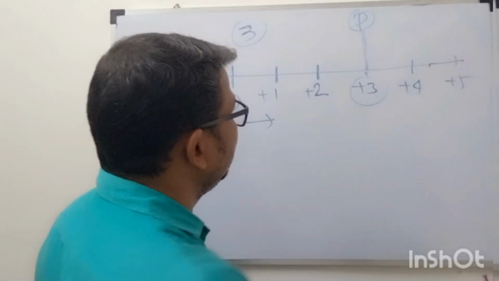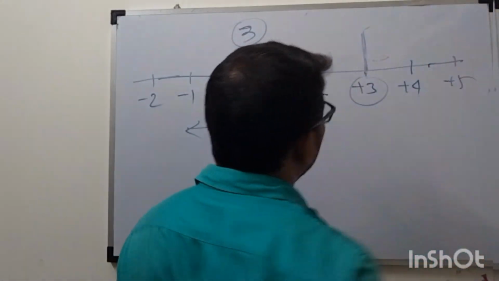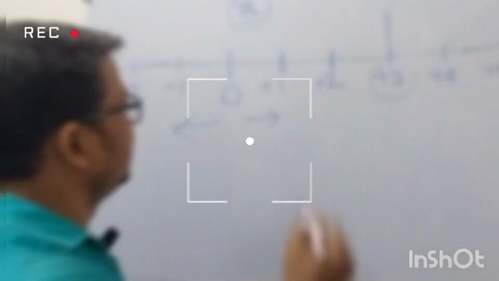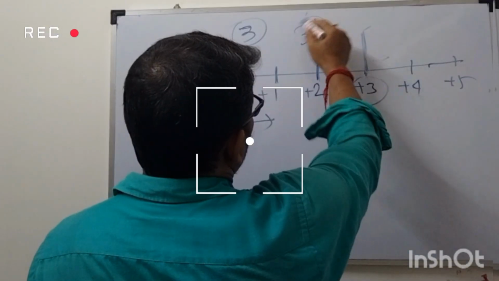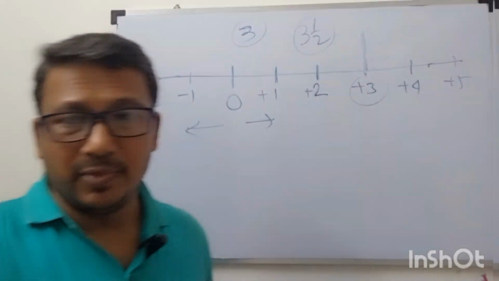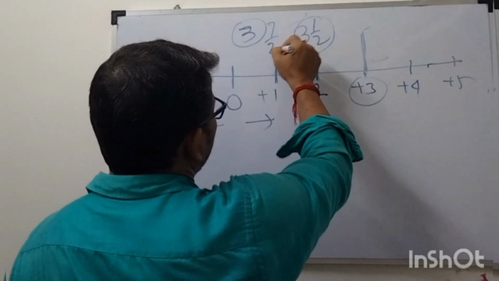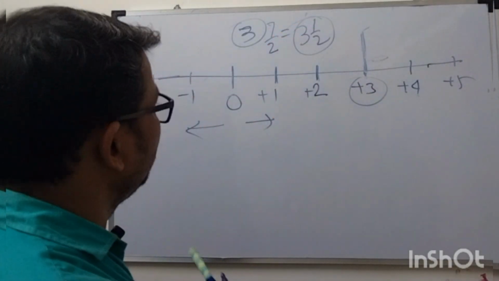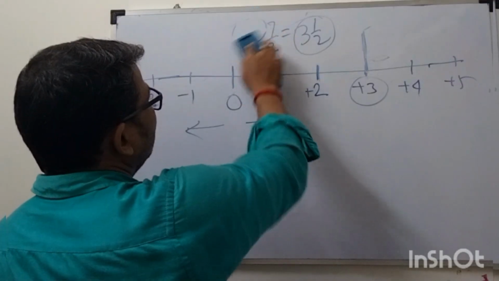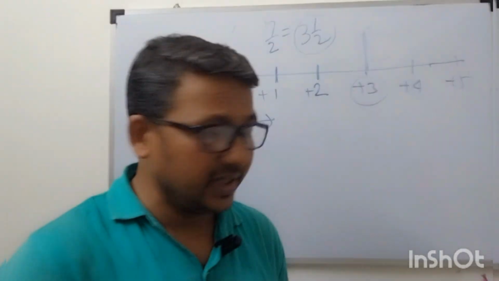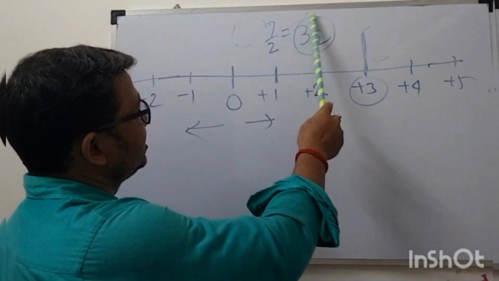Now if we have to put the number 3.5 on the number line, then how can we do that? That is 7 by 2. If we turn 7 by 2 into a mixed fraction, then it will be 3 and 1 by 2.